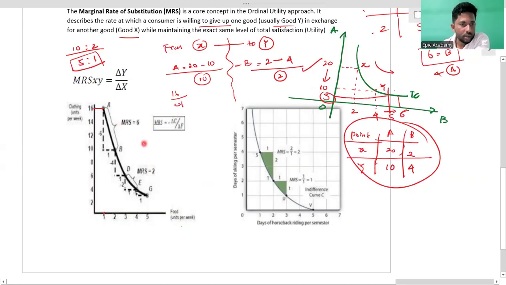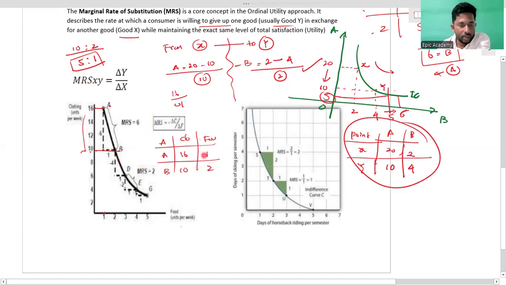Then suddenly change the consumption from A to B. At point B, reduce the clothing consumption to 10 and increase the food consumption to 2.